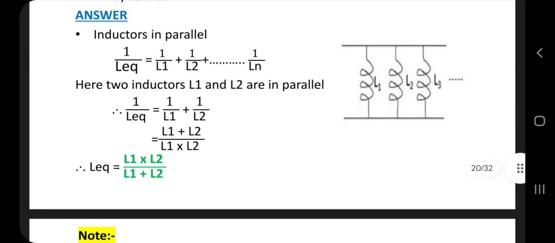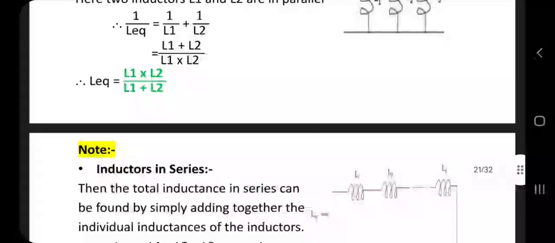Here two inductors L1 and L2 are in parallel. Therefore 1 by L equivalent equal to 1 by L1 plus 1 by L2, that is L1 plus L2 divided by L1 into L2. Therefore L equivalent equal to L1 into L2 divided by L1 plus L2.